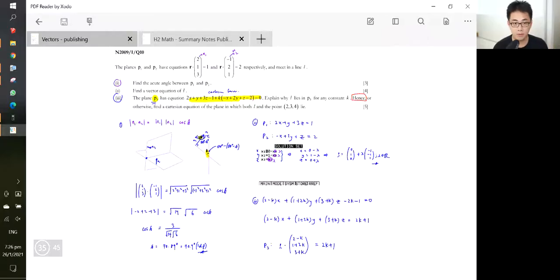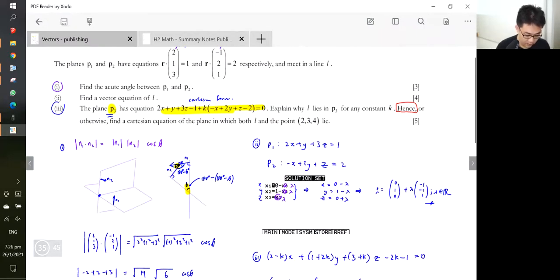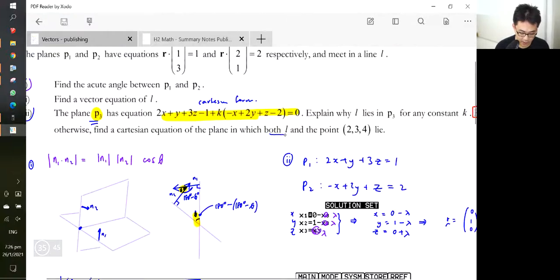So for the subsequent part, what you could do otherwise is find the equation of line L and this line together. You have a line equation, you have the point 2, 3, 4.